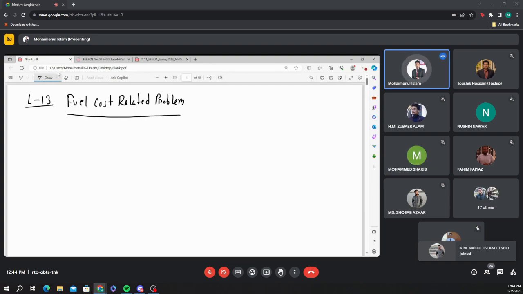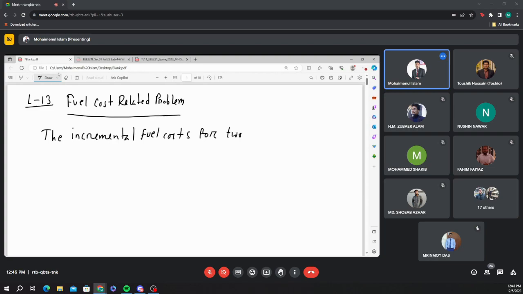So the question is, I'm writing the question so that you can understand it easily. There are 2 generators.